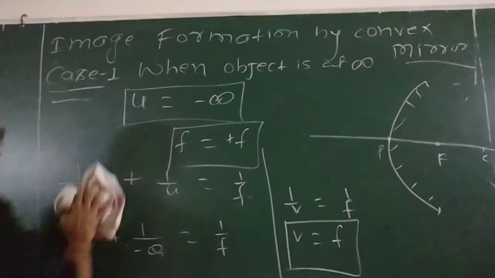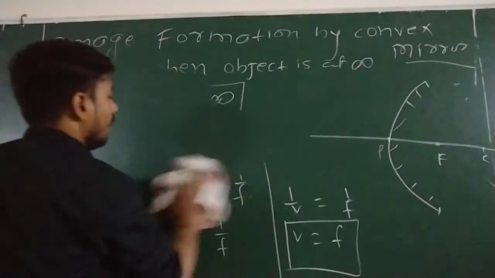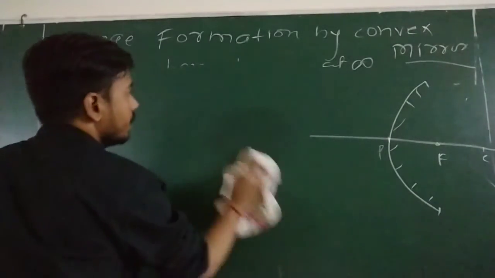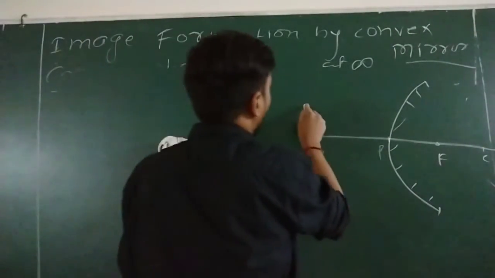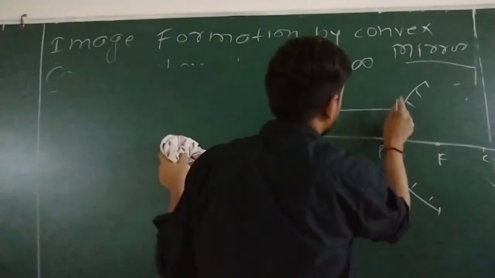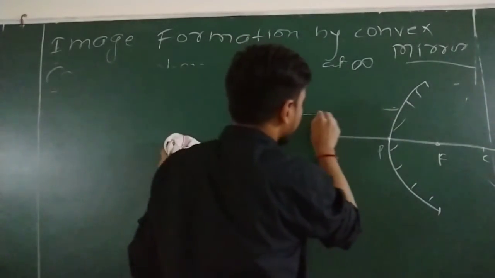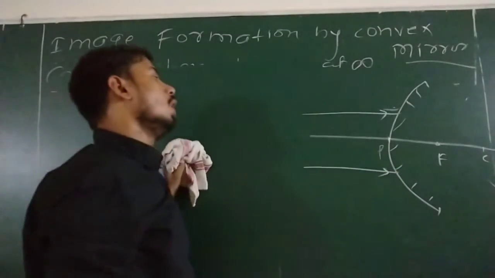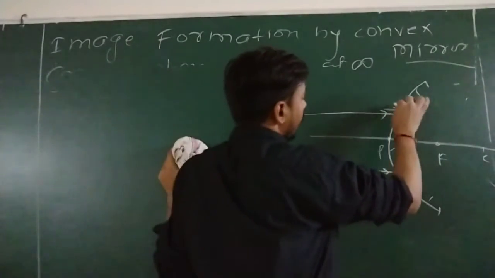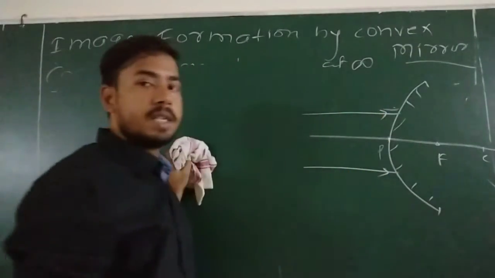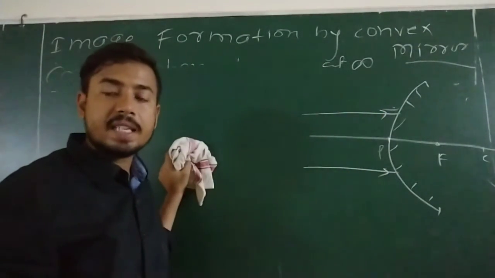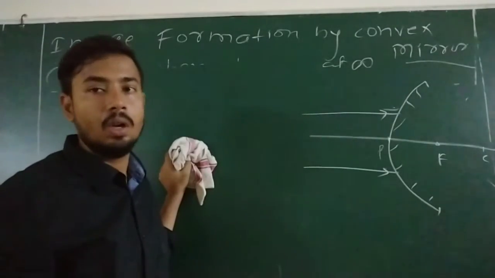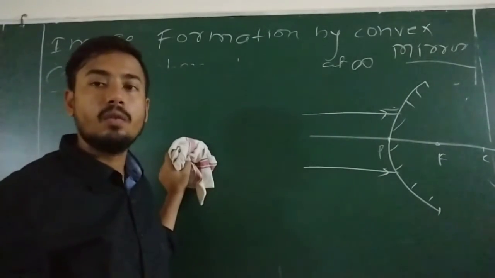Okay. So see its ray diagram, my dear. Then we discuss nature of image. See, one ray is coming like this one. Because the object is at infinity, we can take rays like this. Okay. So what happened? After reflection, we have already discussed, a paraxial ray after reflection must appear to pass through the focus.